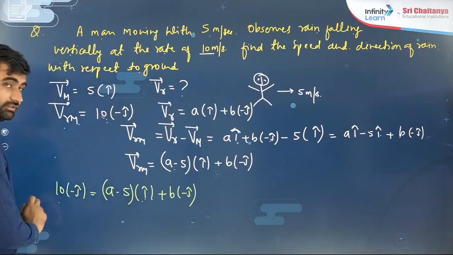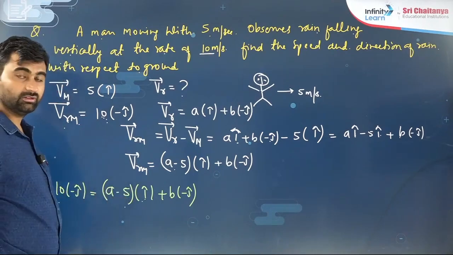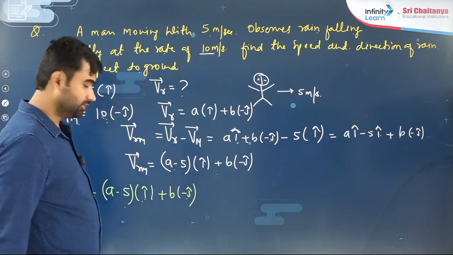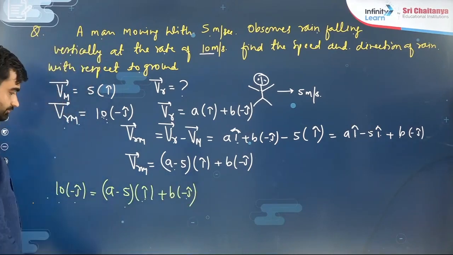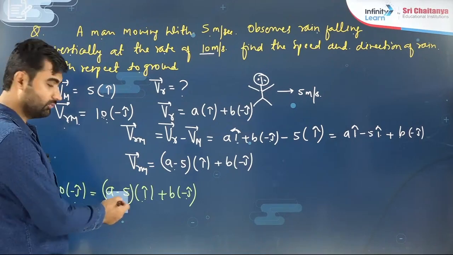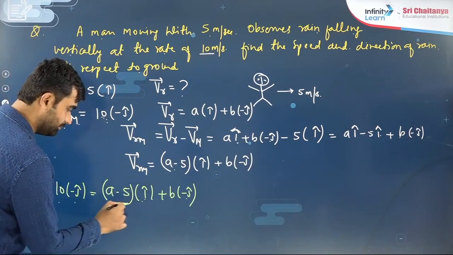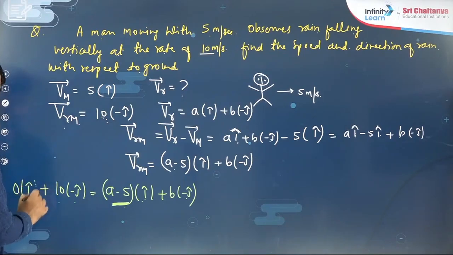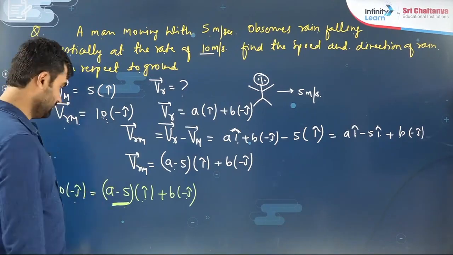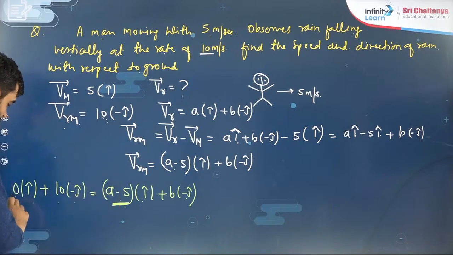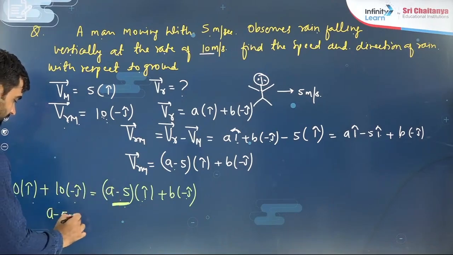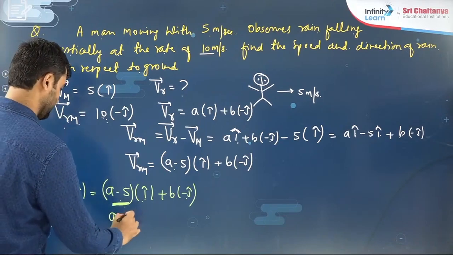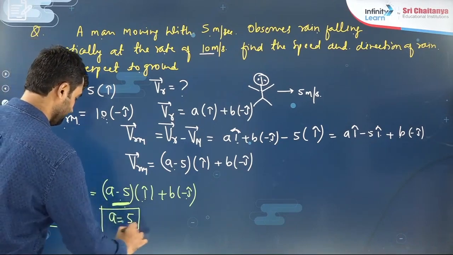If both are equal, this side i cap equals this side i cap, left hand side j cap equals right hand side j cap. Agree or not? So this side i cap is 0, so this side i cap also 0. Means this a minus 5 must be 0. We can write 0 i cap. If nothing is there, means 0 is there. Okay. So a minus 5 must be equal to 0. So by this we calculated that a equals 5.